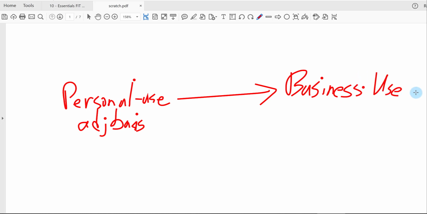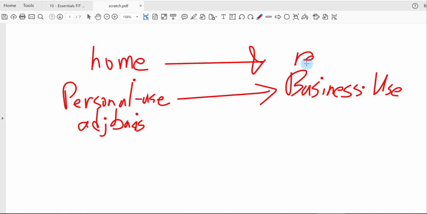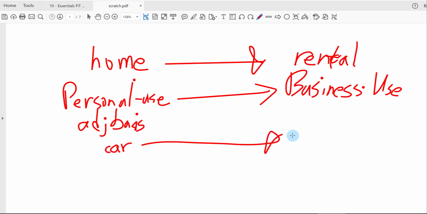Again, the typical situation would be your home and you convert it to a rental property. Or maybe your car and then you convert it to a delivery automobile.